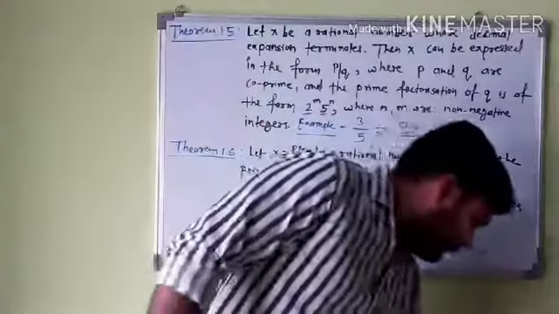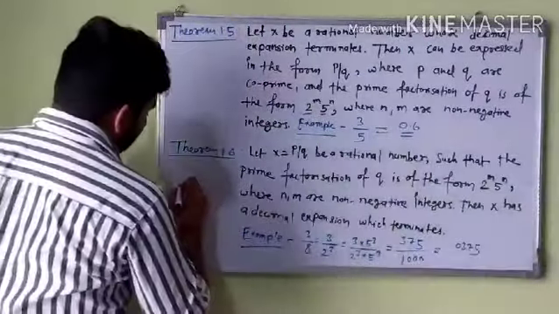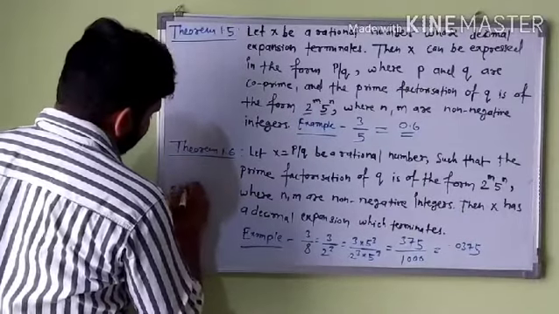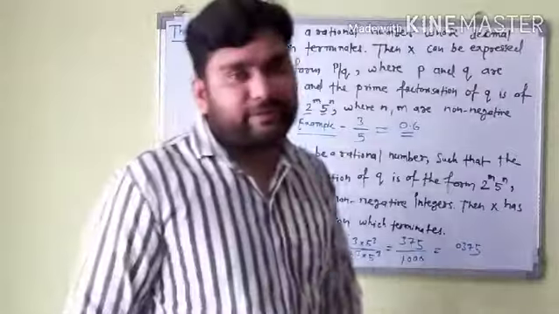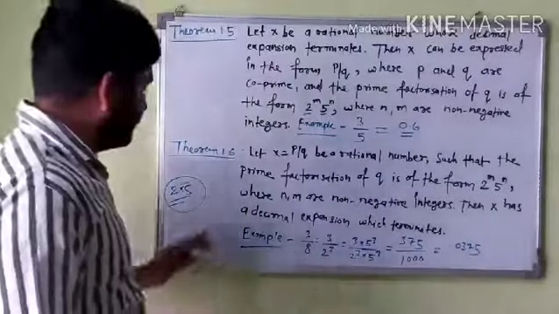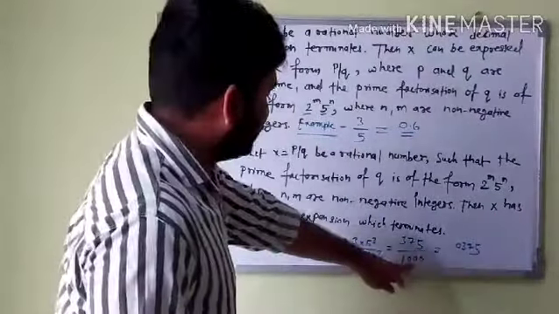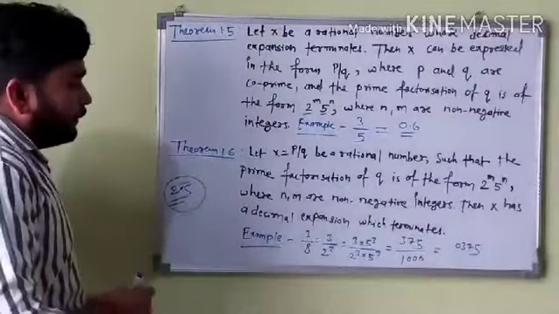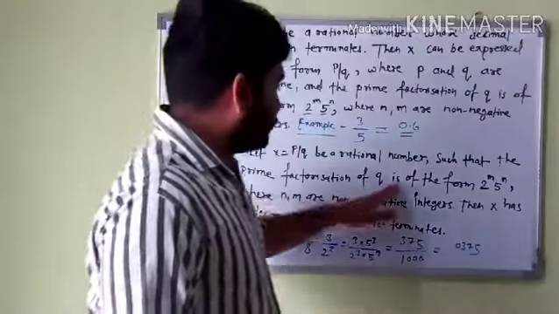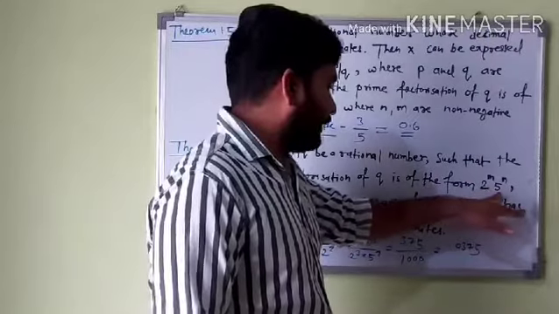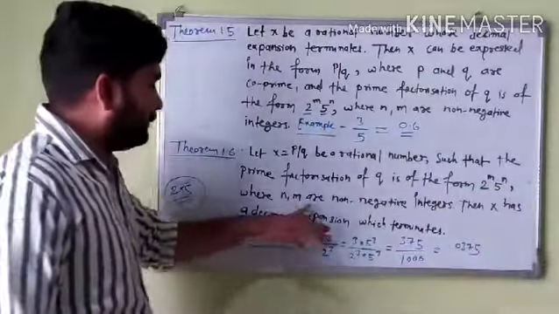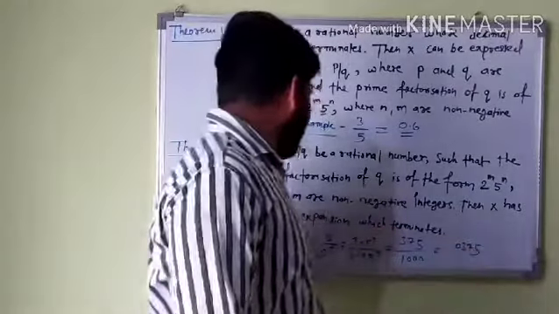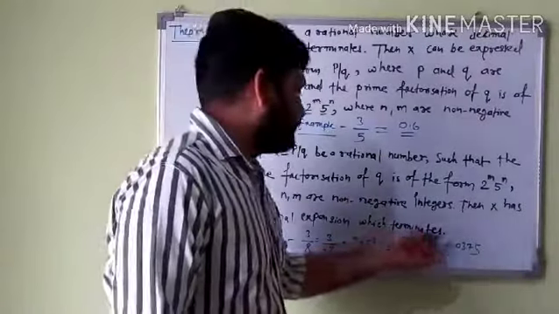You know where zero comes from? We get a zero only where the multiplication of 2 and 5 is formed. Otherwise we can't get these kinds of zeros. So if the prime factorization of q is of the form 2 to the power m and 5 to the power n, where m and n are non-negative integers, then x has a decimal expansion which terminates.